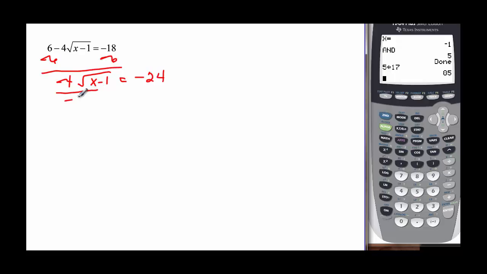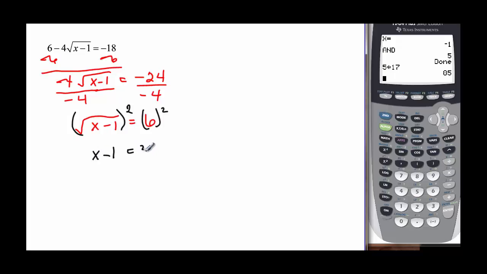If we divide both sides by negative 4, we get the square root of x minus 1 equal to positive 6. Negative divided by negative. And now we're ready to square both sides. And you have x minus 1 here equal to 36. And x is equal to 37 when I add 1 to both sides.